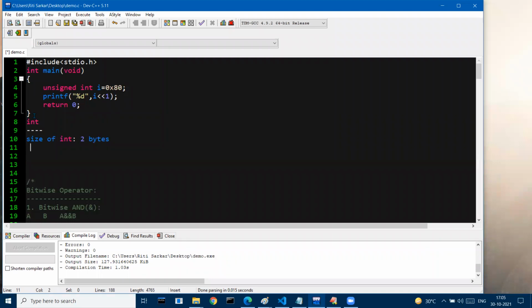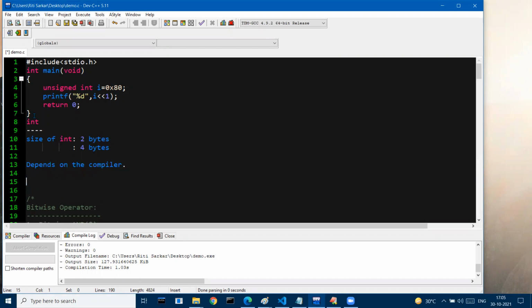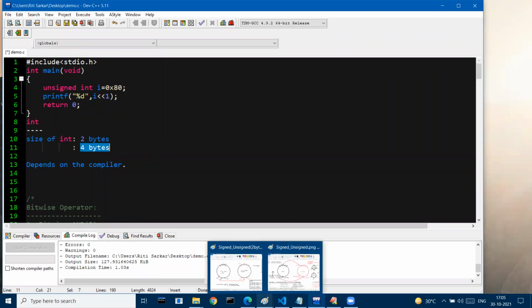Not always, sometimes it may be 4 bytes also. So either 2 bytes or 4 bytes, depending on the compiler. Now, suppose currently we are considering a 4 byte integer.